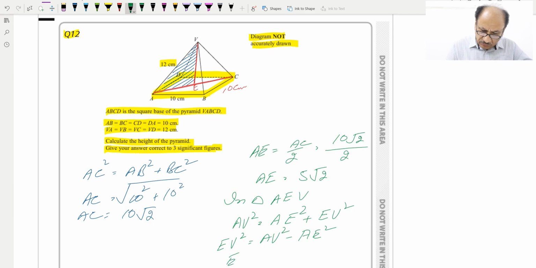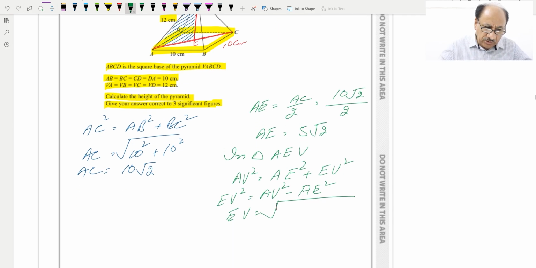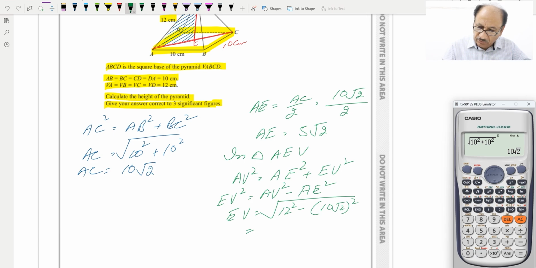So EV will be equal to square root of AV square minus AE square. AV is 12, so this will be 12 square minus AE, which we just found, and this is squared, and this is equal to EV. We will use the square root of 12 square minus this squared.